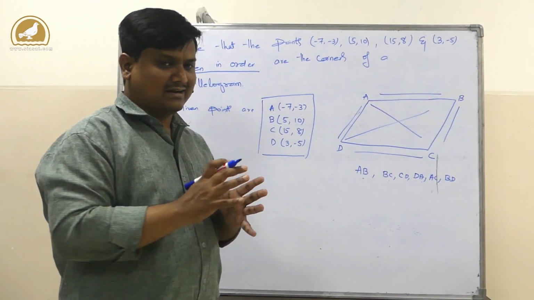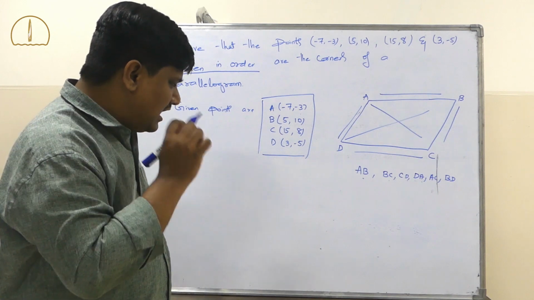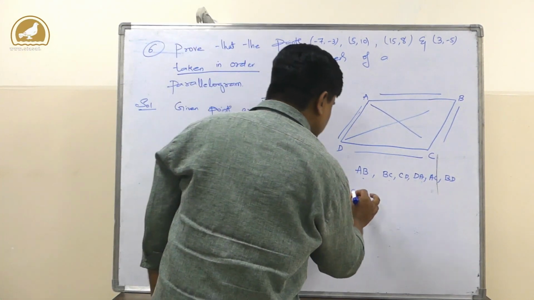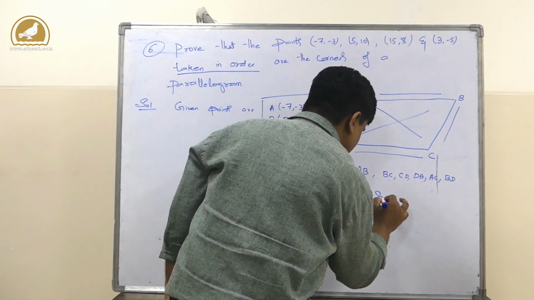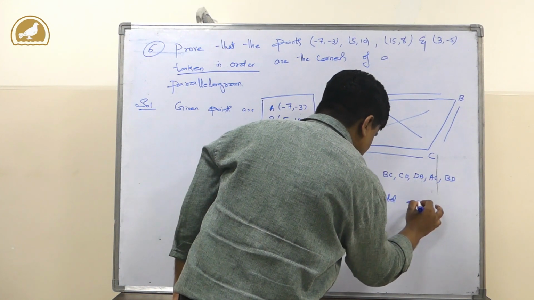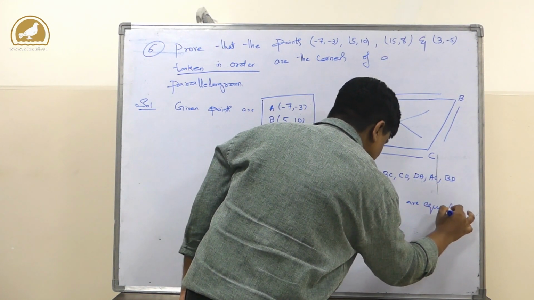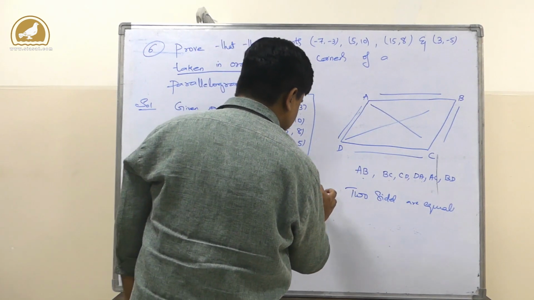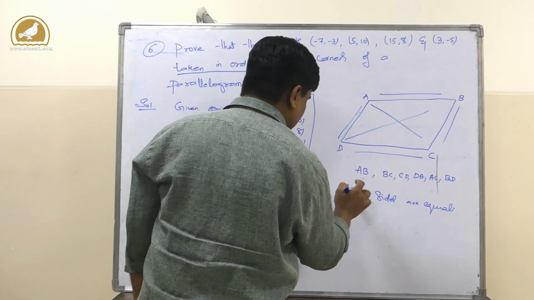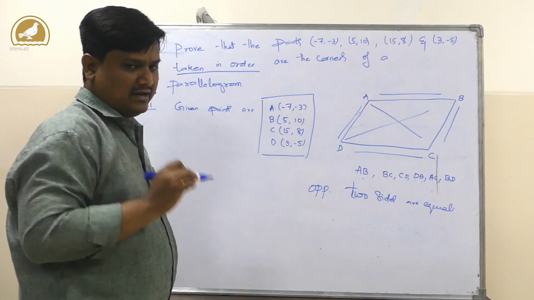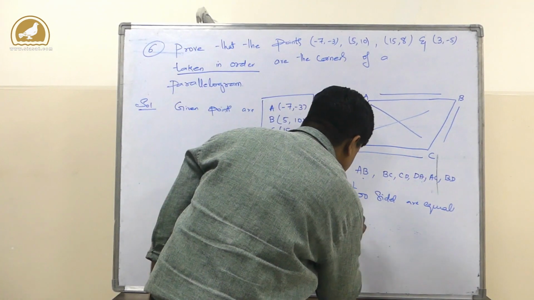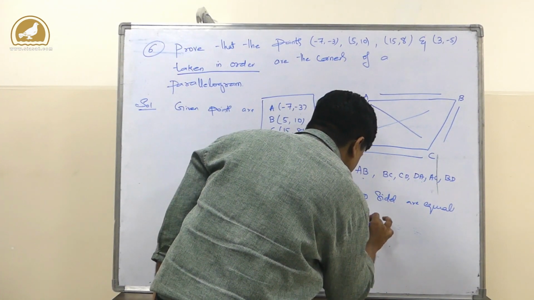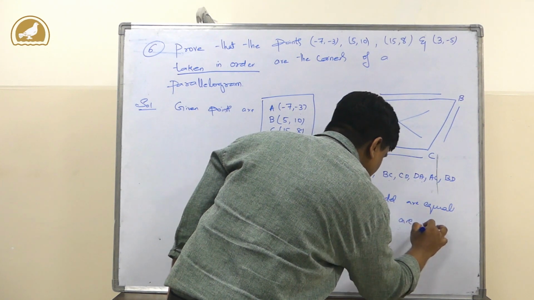Once we are ready with these 6 distances, we have to prove that opposite 2 sides are equal, and diagonals are not equal.